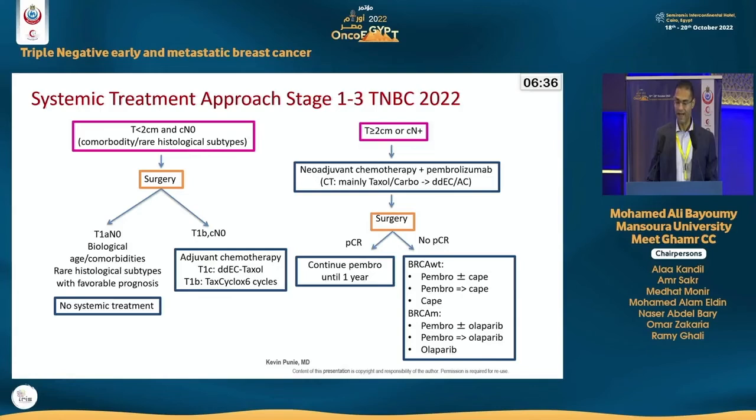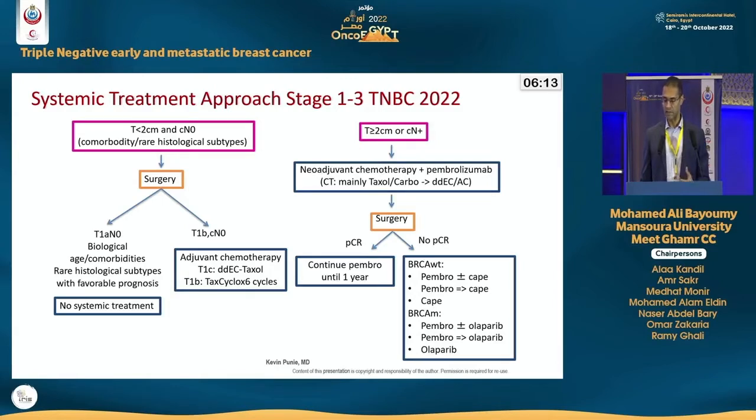So I can summarize the management of early triple-negative breast cancer in this slide. On your left-hand side, you can find how to deal with a small tumor with node-negative disease, less than 2 centimeters. I know there is no problem with this group, but what about the patients who have a tumor of 2 centimeters or more and node-positive disease?